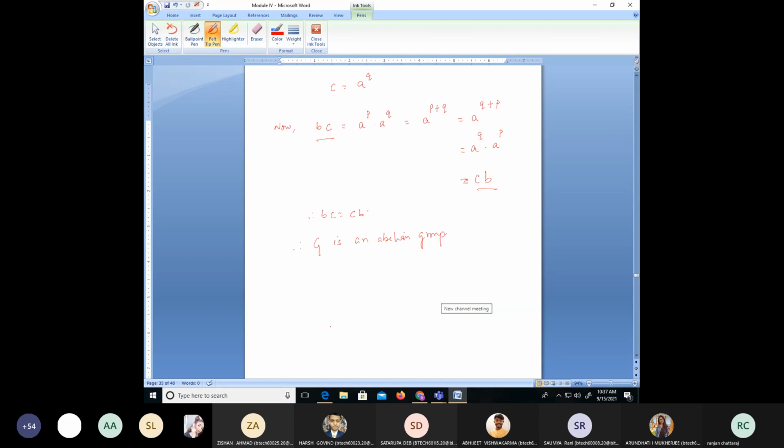Similarly, you can see that the group of 1, omega, omega squared is cyclic. Another example. This is your assignment.